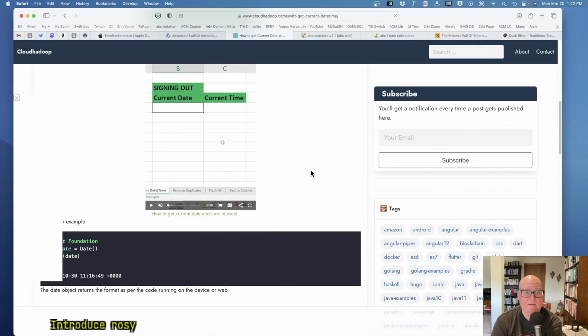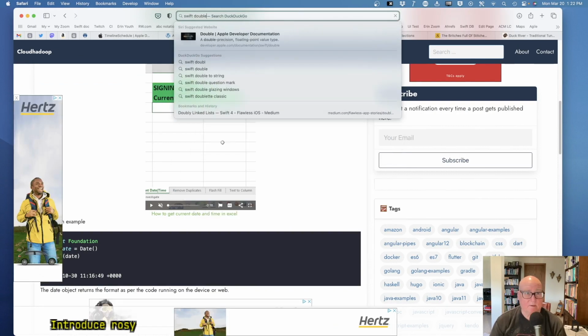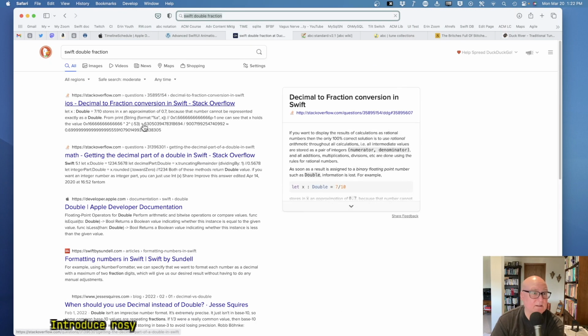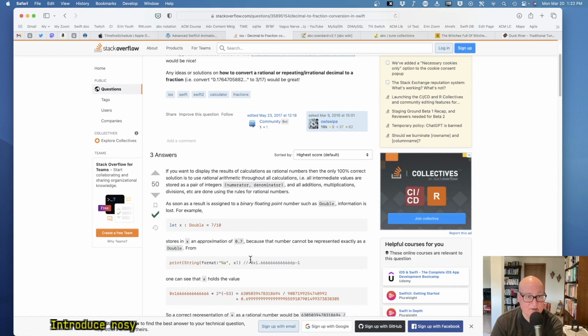And then I imagine there's a way from Swift Double to get the fraction. Can I just get the fraction? I don't want to divide if I can just call something.